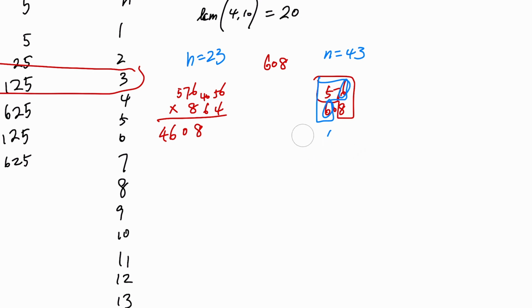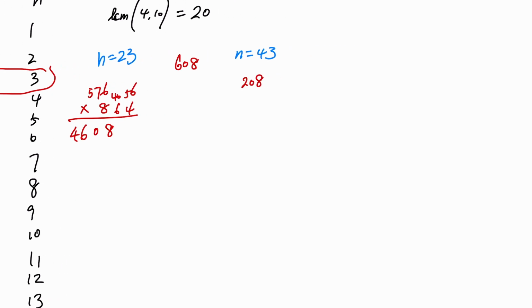Meaning now we could just look at the last three digits and add that 608 up there. So we would have 6 plus 608, that's 208. Then this 2 plus 608, so 808. Then this 8 plus 608, or 408.